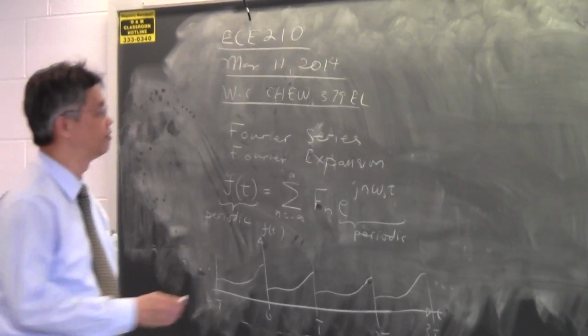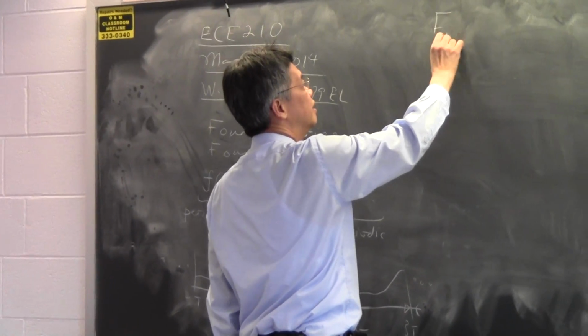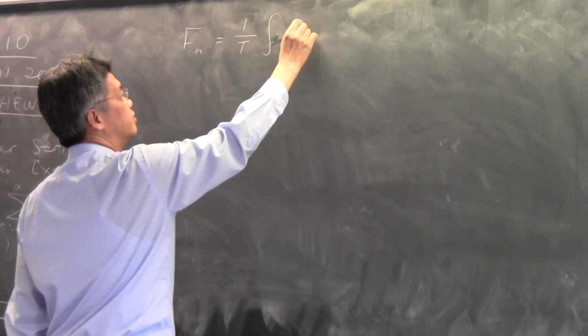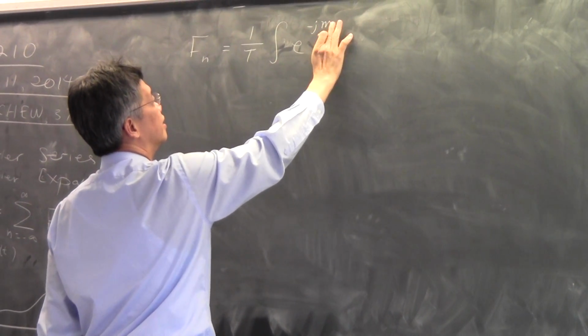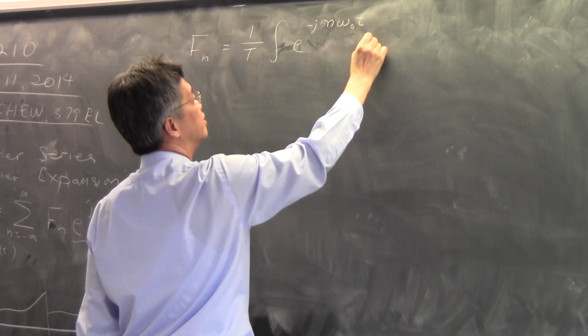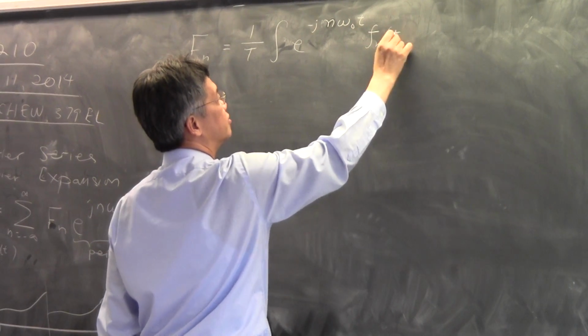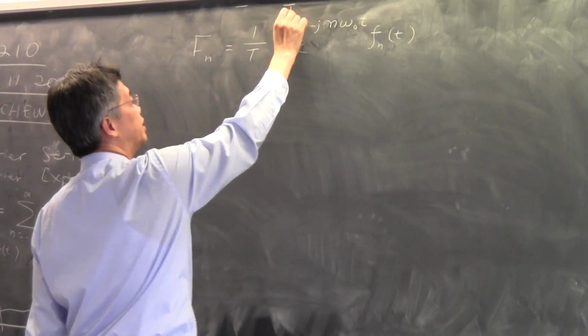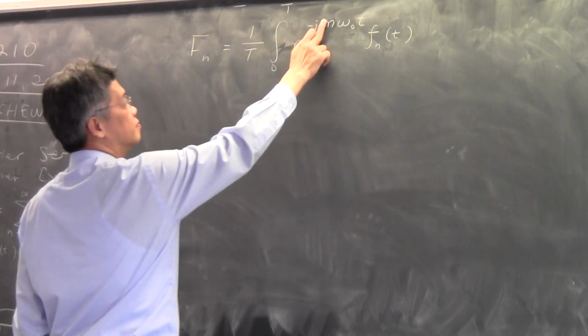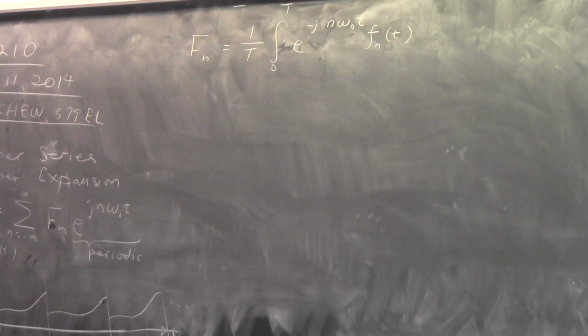And how do you find the coefficient F sub n? F sub n is given by 1 over T, e to the minus j n omega naught t, f of t, and you integrate this over one period. Okay? And that's how you find all the Fourier coefficients.